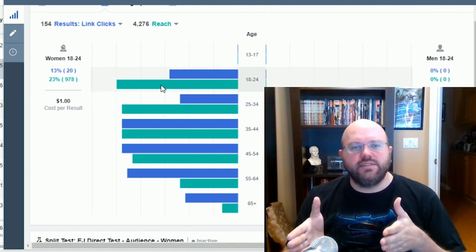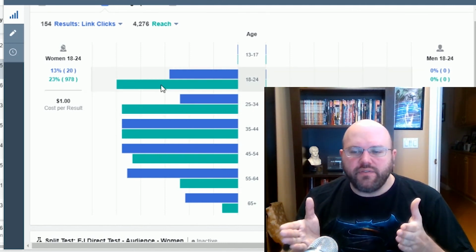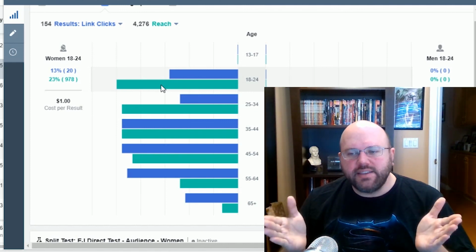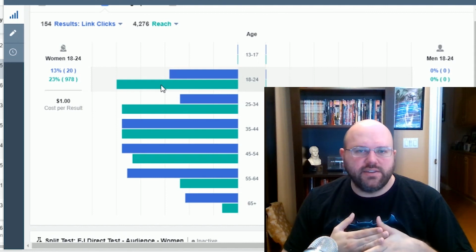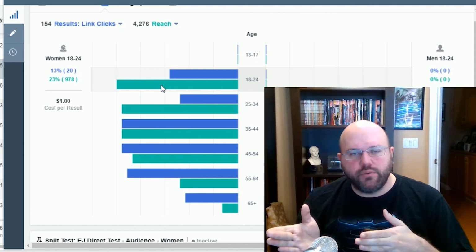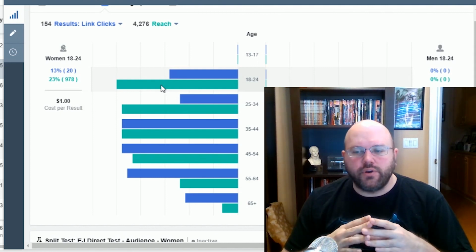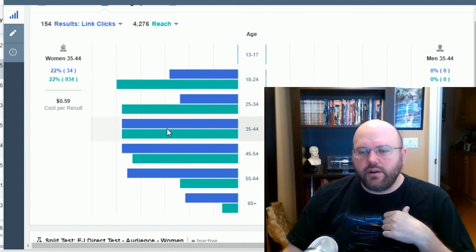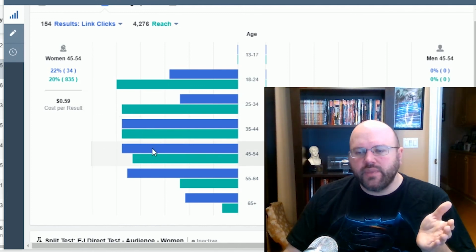So if you just look at this for your campaigns, if you have a disproportionate reach to clicks, that tells you that there's something about your ad that isn't resonating with that demographic. So you're going to want to eventually cut those out. Now, if you look here at 35 to 44, it's pretty even in terms of the ratio of impressions to clicks.